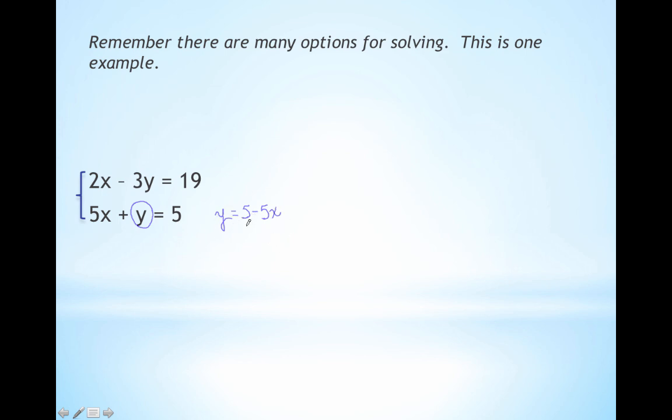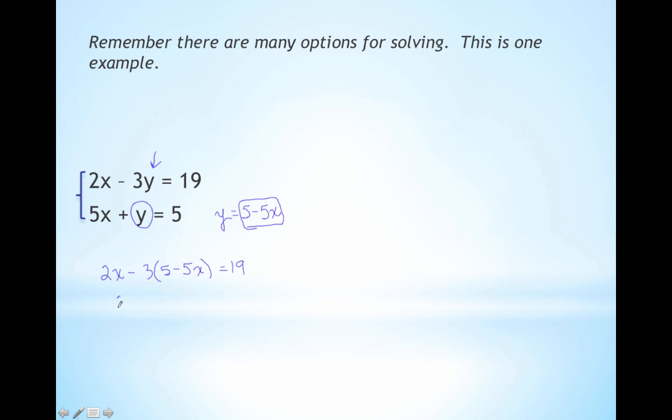Then I'm going to take this value, 5 minus 5x, and substitute it in for my value of y in the other equation. I cannot substitute back into this equation. I have to use the other equation. So I'm going to take that value and rewrite that to x minus 3, and I'm going to plug in for my y this value, 5 minus 5x, and that equals 19.